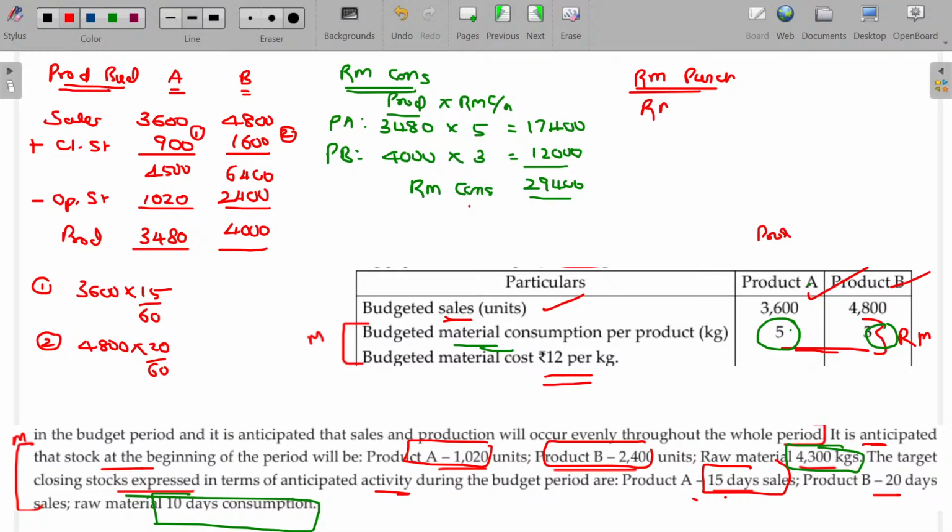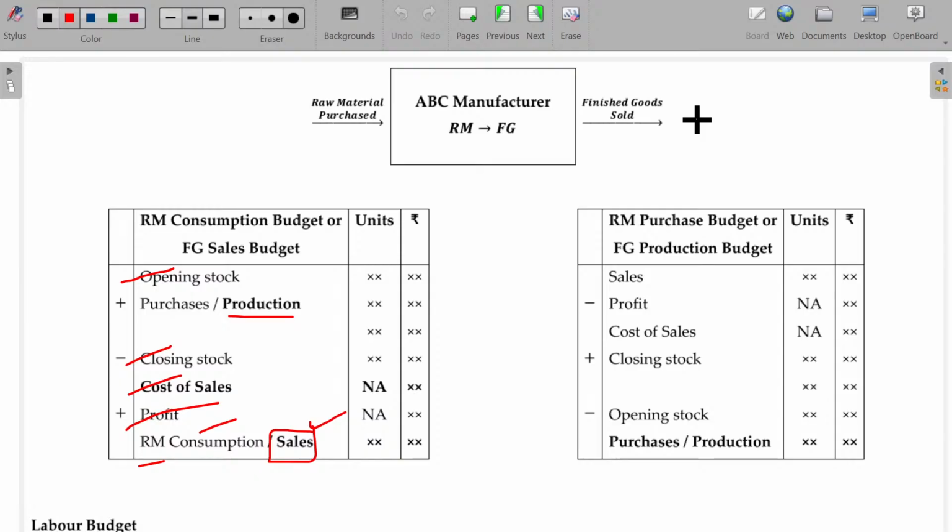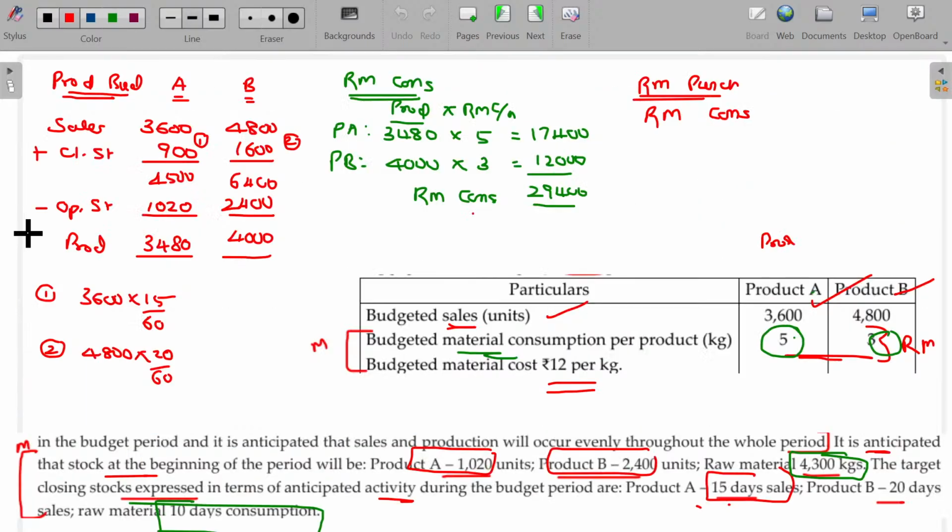Raw material consumption is similar to a sales budget, like I already told you. So with that, add closing stock, minus opening stock. You get raw material purchase.